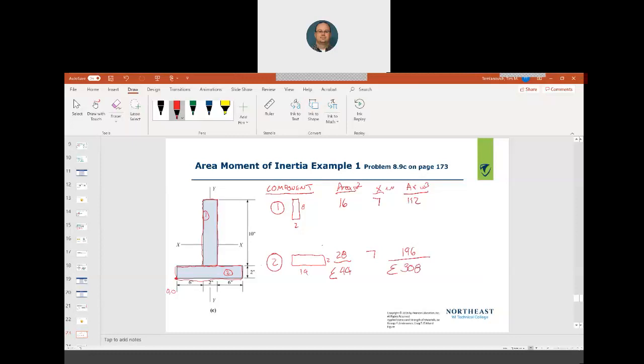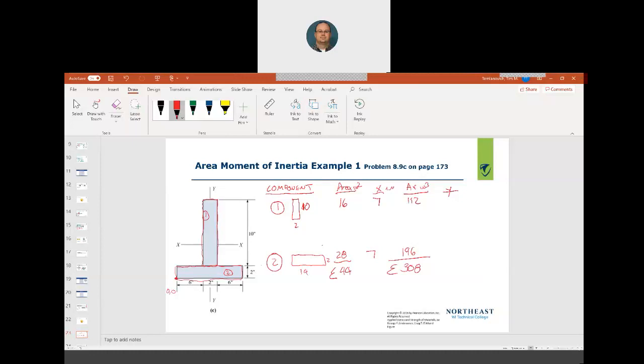Okay, now I want to find my y distance. All right, from 0, 0 to component 1. All right, so I know it's 10 from here to here, right? Did I just goof up? This is actually 12, so this is actually 10 inches.